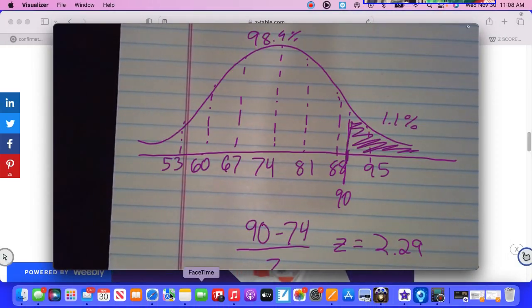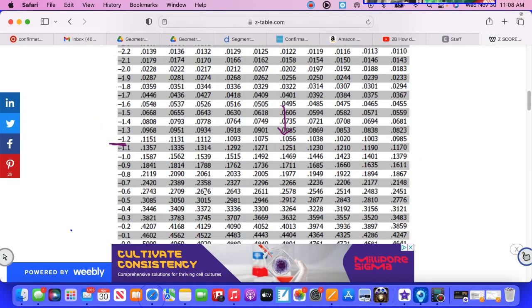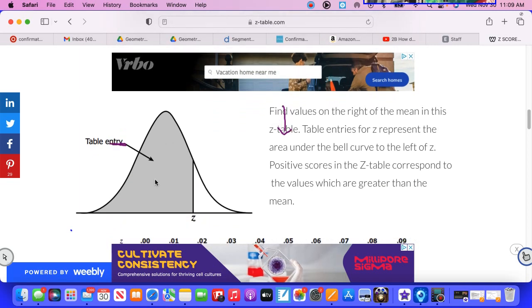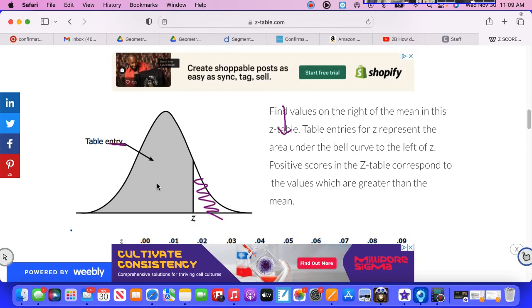Okay, let me show you this picture again so you can see on here. It always shades to the left. Your z-score is always talking about the area to the left. So when you're looking for when it's less than, you take the actual percentage. But when you're looking for the spot to the right, you have to subtract it from 100.